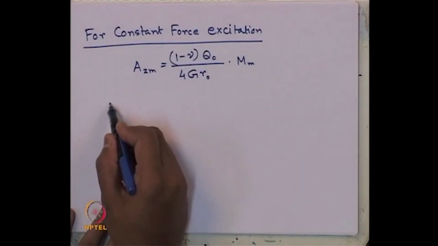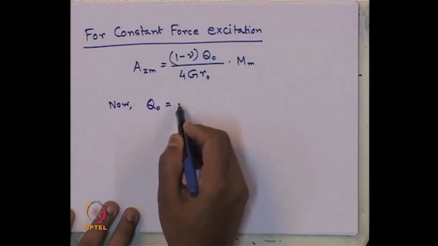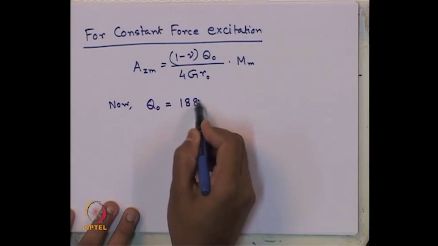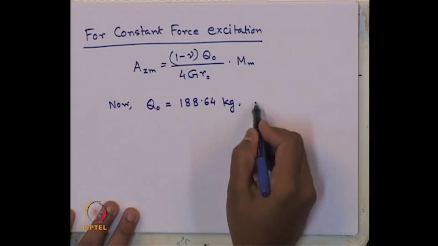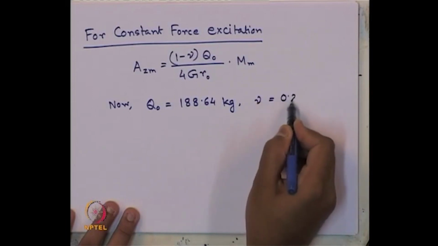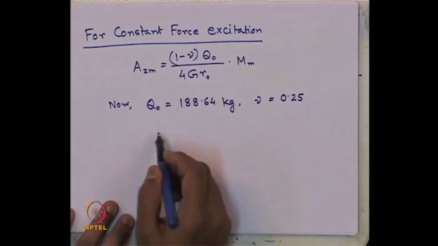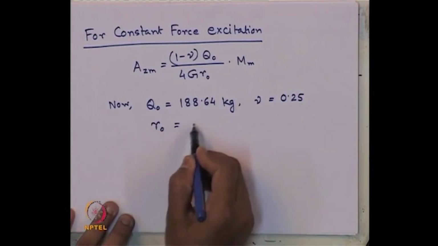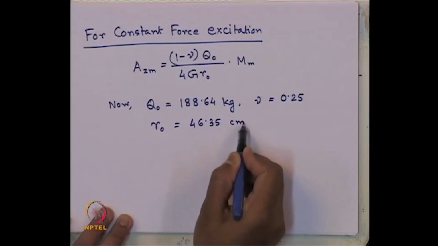Now, the value of q naught given to us is 188.64 kg force, and mu is also given as 0.25. G will change for 3 different types of soil, and r naught we have computed as 46.35 centimeter.